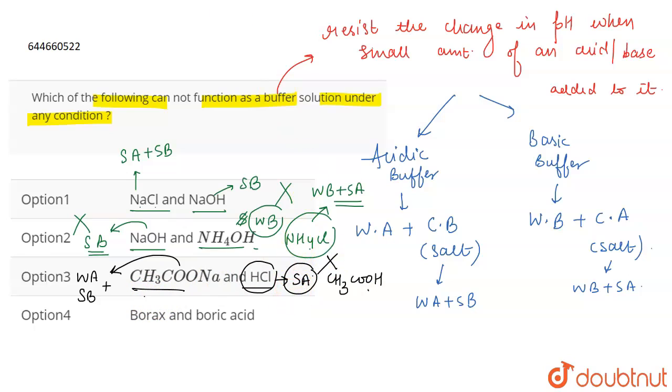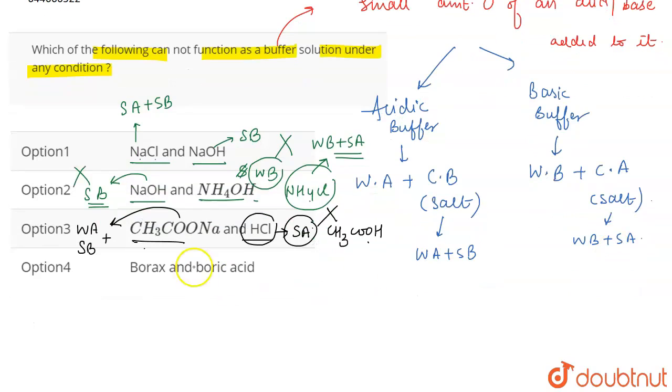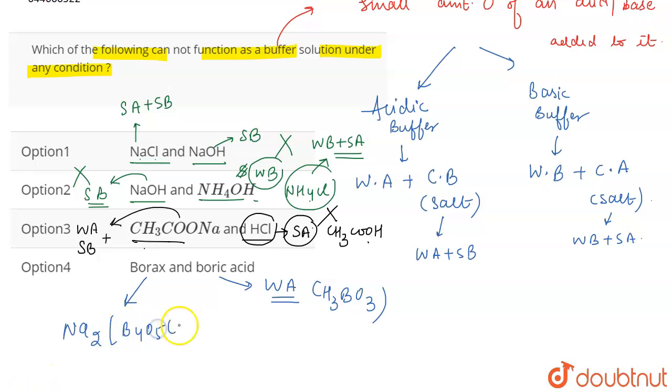And if we talk about the last one, which is borax and boric acid, then boric acid is H3BO3, which is a weak acid. And borax is Na2B4O5(OH)4.8H2O. This is a salt formed by a weak acid, which is boric acid, and a strong base.